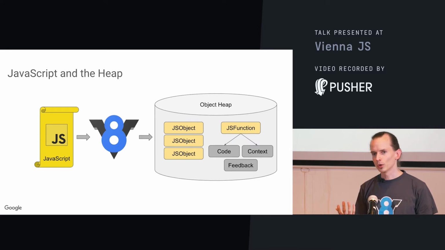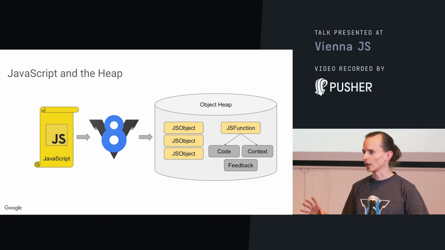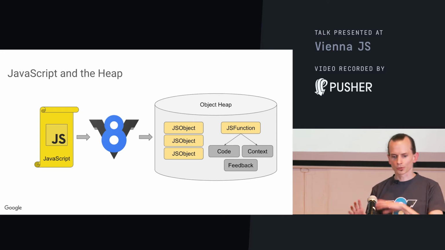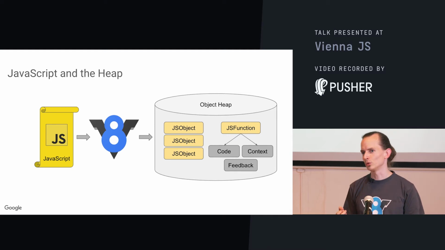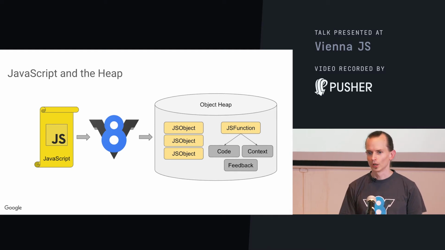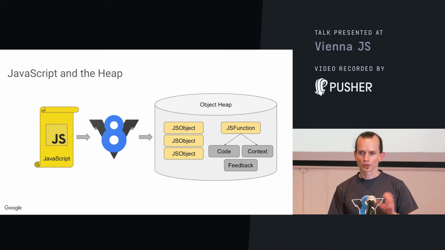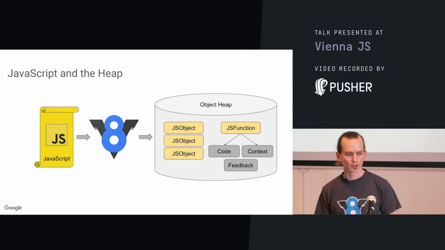And then on this heap, we also have internal objects that only the VM is allowed to touch and look at, but they're also part of this whole garbage collection scheme. So that has the advantage that we don't need to do explicit memory management for our internal metadata. We can rely on the garbage collector to handle both the application provided objects as well as the metadata.